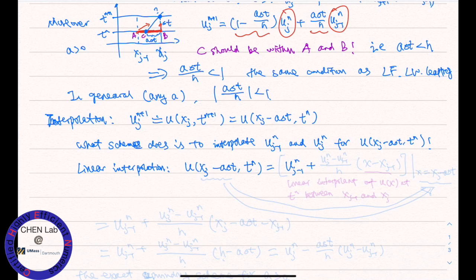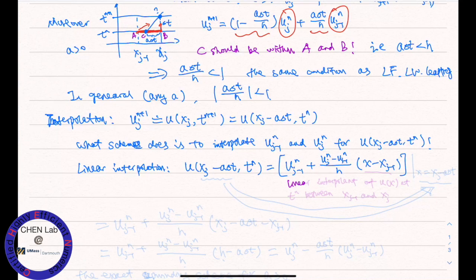A quick way to write this down is to use point-slope form. The slope is U_j^n minus U_(j-1)^n divided by h, rise over run. Then x minus x_(j-1).